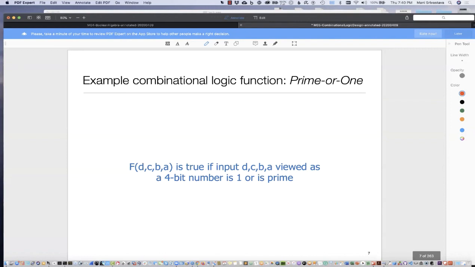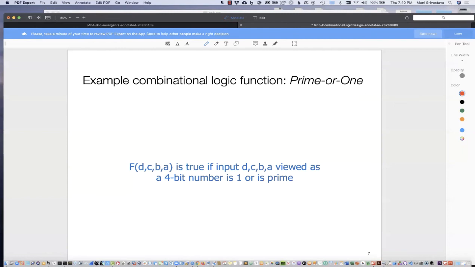So let's look at something that we want to implement. We want to implement a function f. It takes 4 inputs DCBA, and it is true if the input DCBA, when we view it as a 4-bit number, has a value that is either 1 or a prime number.